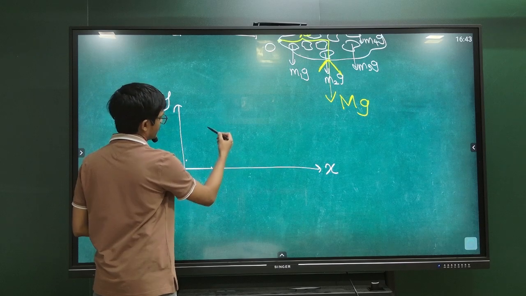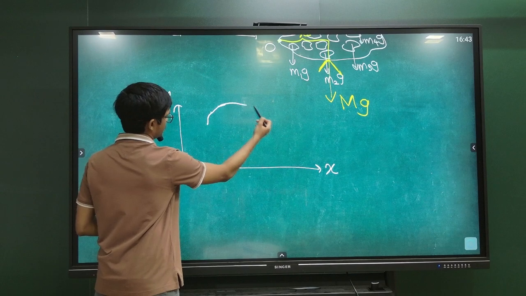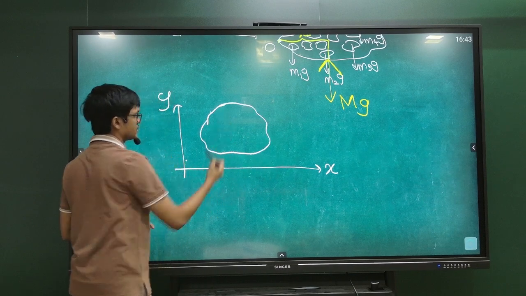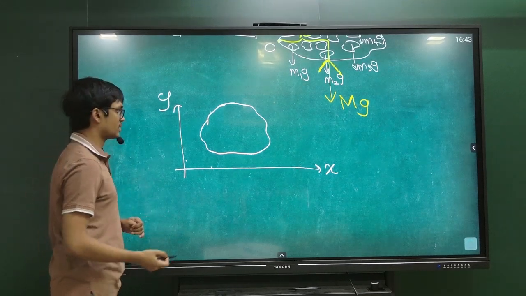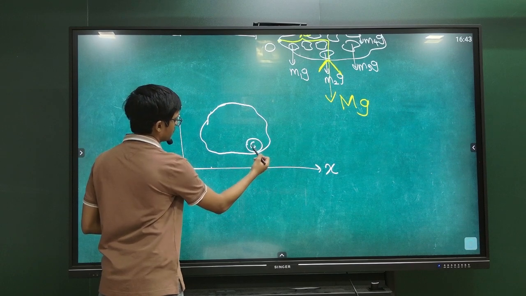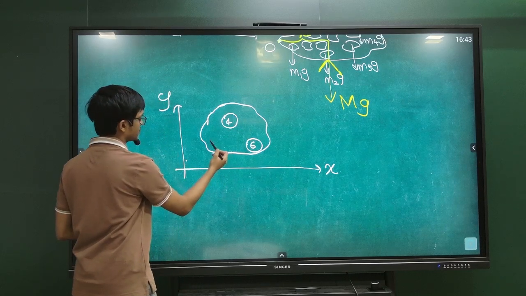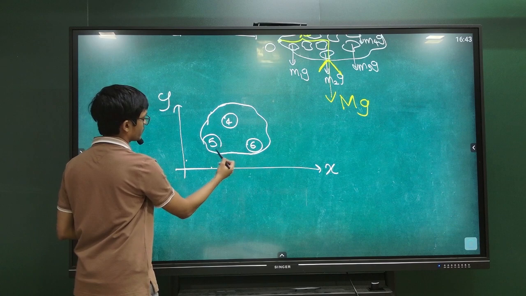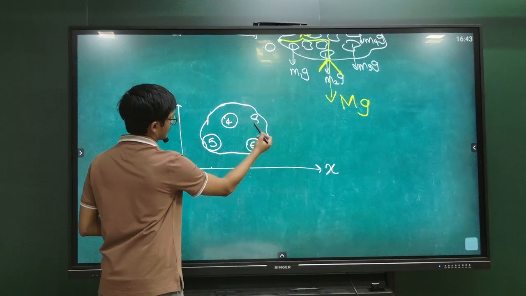You have a non-uniform system like this. This non-uniform system contains 6 kilograms here, 4 kilograms here, 5 kilograms here, and 8 kilograms here.